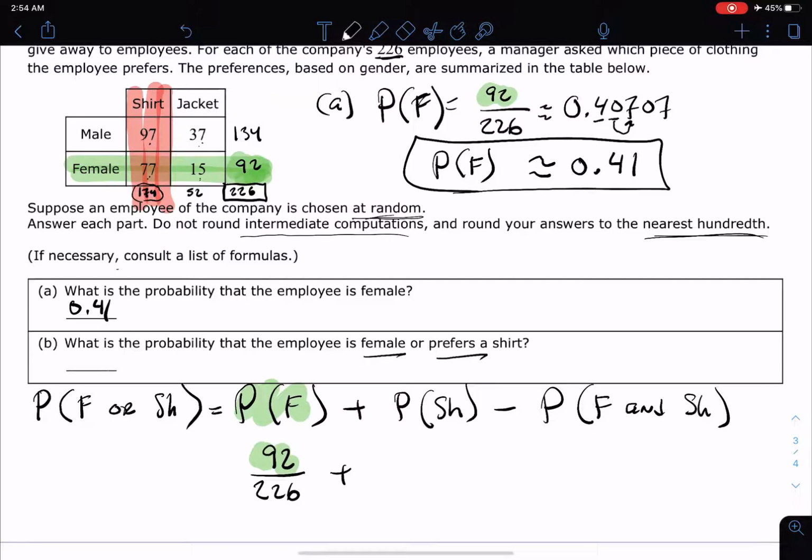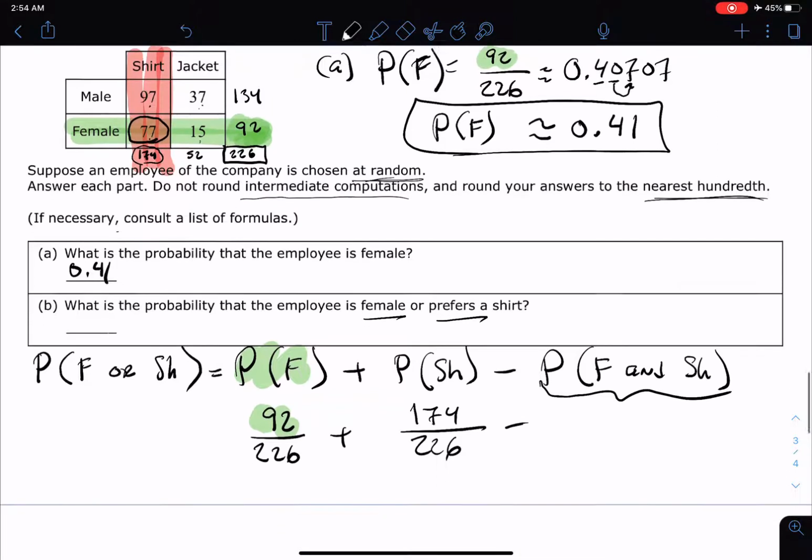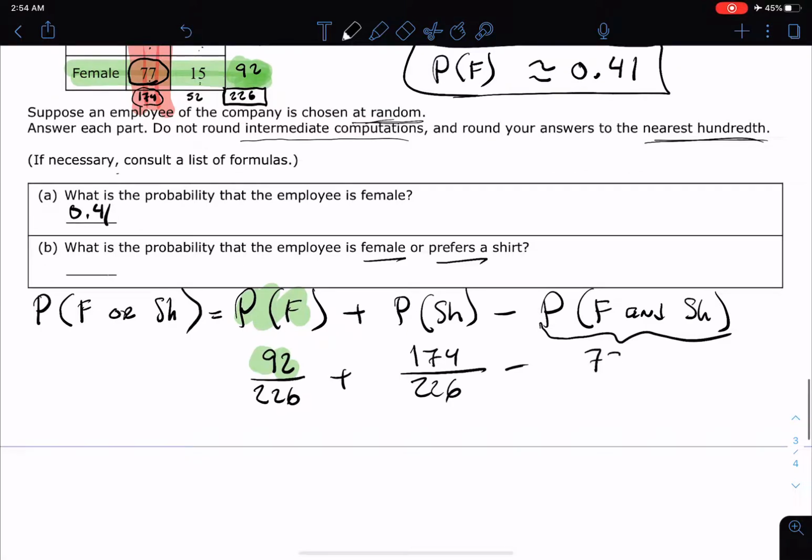So that's 174 out of the total sample space or total people, 226. Now, was there any overlap? Did we double count? Yeah, we did. That's definitely overlapping green and Christmas red all together. So there's 77 that we accidentally double counted. So 77 out of 226 must be subtracted out.